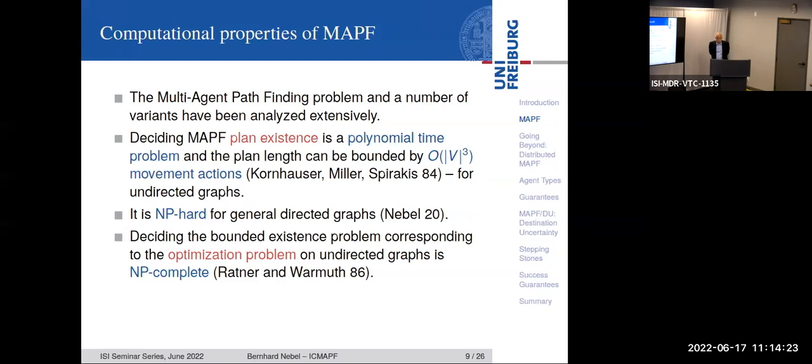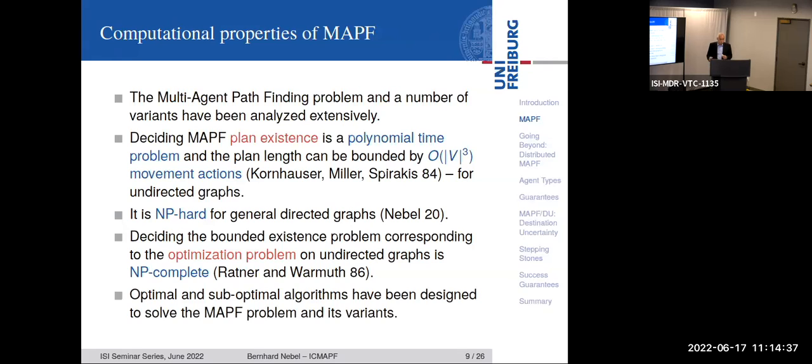Deciding the bounded existence problem, which corresponds to the optimization problem, is NP complete if we have an undirected graph. That was also shown in '86 already. Since then, a lot of different algorithms have been developed that are either optimal, suboptimal, guaranteed suboptimal, and so on. So we know a lot about it. We know how to solve these things, and we also have very fast algorithms for them.